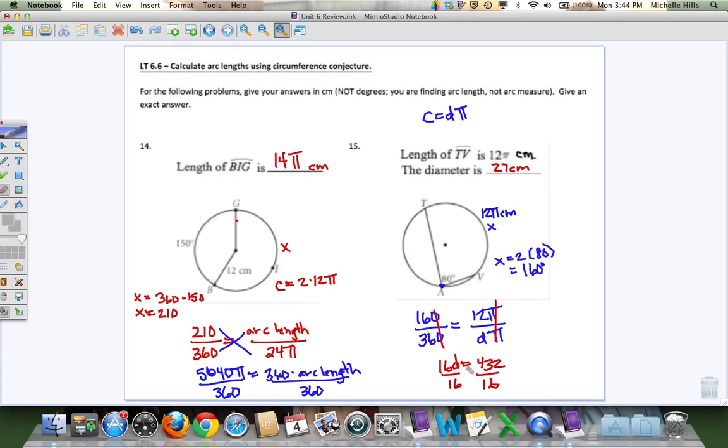If I did it the other way, without using the proportion, I would still have found the arc measure here, and I would have said, well, the arc length is the fraction of the circle that I'm looking at times the circumference, but that's just pi times the diameter.